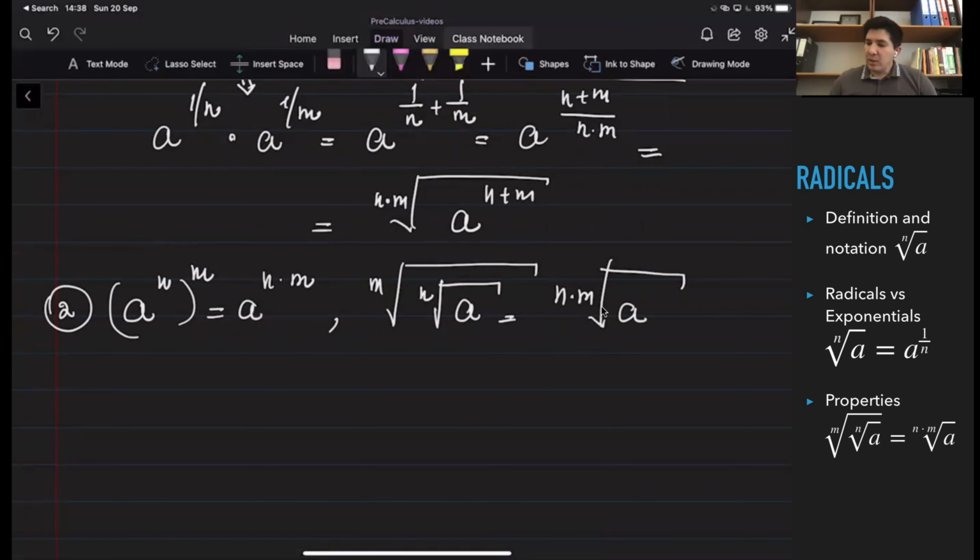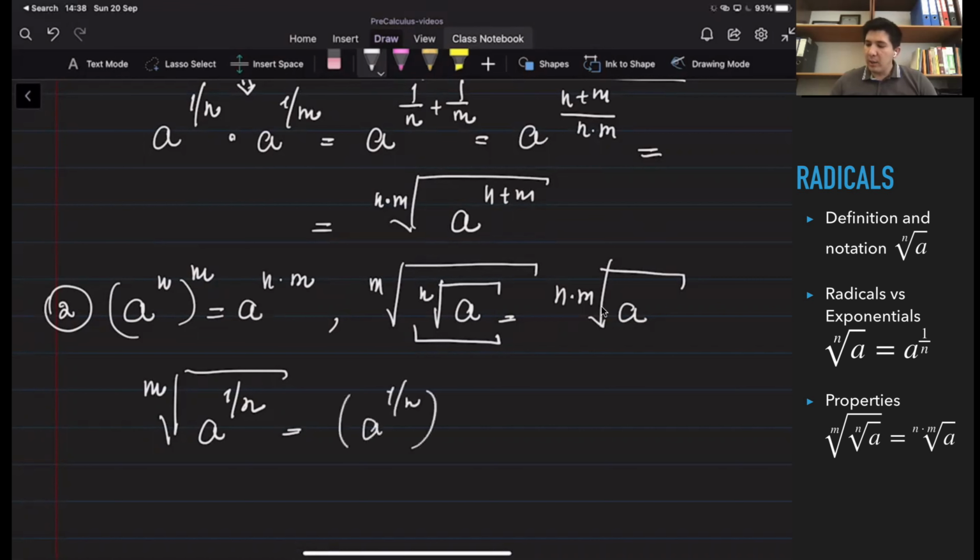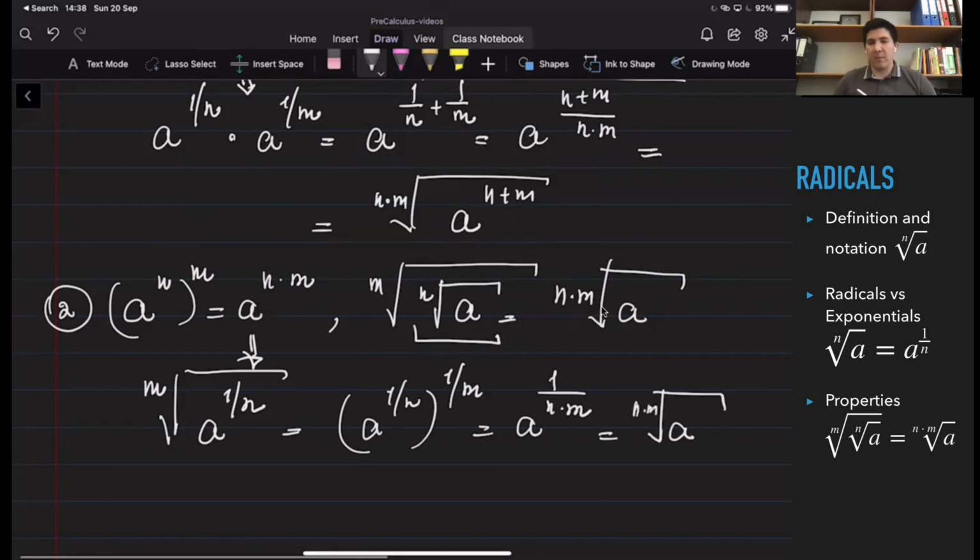So what does it mean? Let's write this. The root of a of the n's degree is going to be a to the power of 1 over n, and taking the root of m's degree gives a to the power of 1 over m. According to this rule, I can just multiply those powers. It's going to be a to the power of 1 over n times m, which is the root of a of degree n times m here.